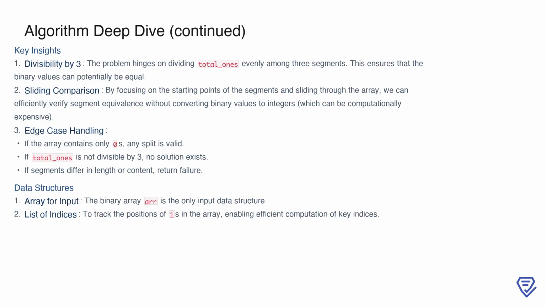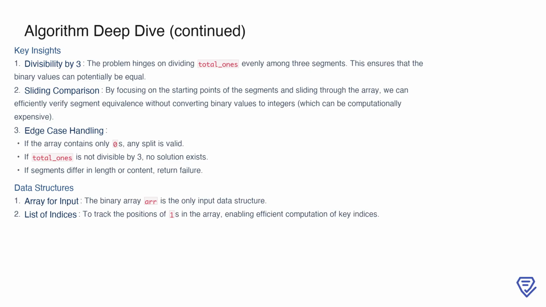By comparing the segments directly from their starting indices, we can efficiently verify their equivalence. It's also important to handle edge cases carefully. For instance, if the array consists entirely of 0s, any split is valid. If total_ones is not divisible by 3, no solution is possible. And if the segments differ in length or content during the comparison, we must return failure.